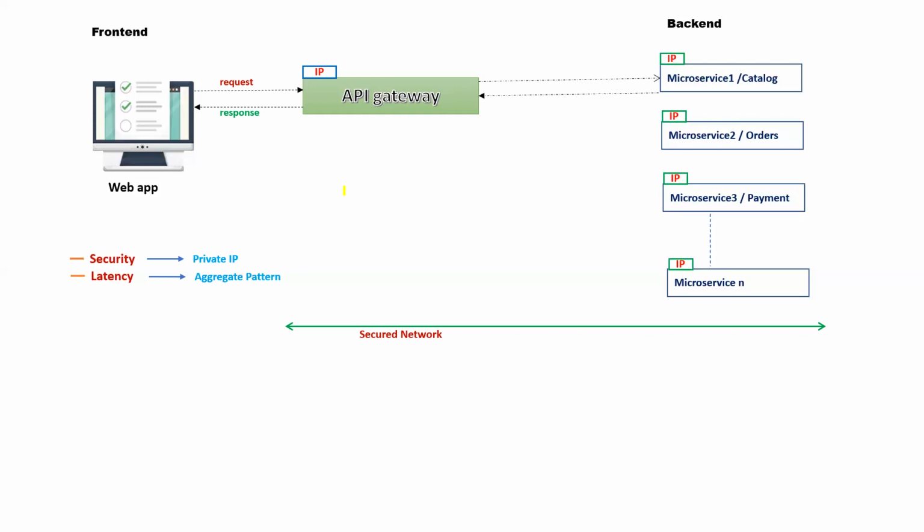Coming to the next one, the aggregate pattern. As I have the API gateway, the data will be constructed in the API gateway, even if there are multiple request dependencies with individual APIs. The connections to the individual APIs are processed from the API gateway. Once they get the response back to the API gateway, the data will be aggregated.